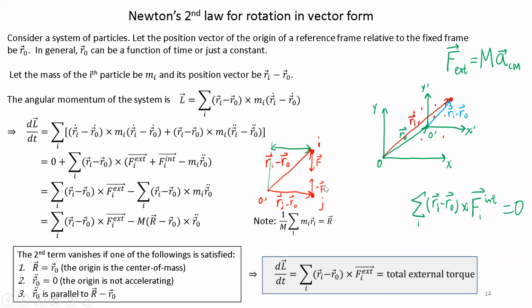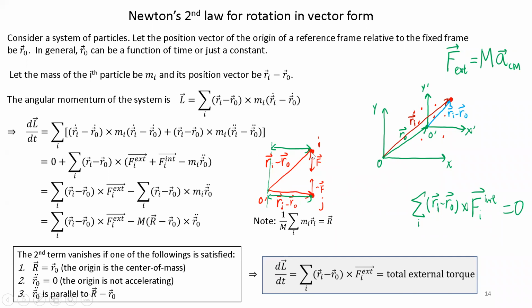And similarly, if I do the cross product using this position vector and this F, then also, right? So you are taking this distance times this F, right? And this distance here is actually the same as this distance here, right?